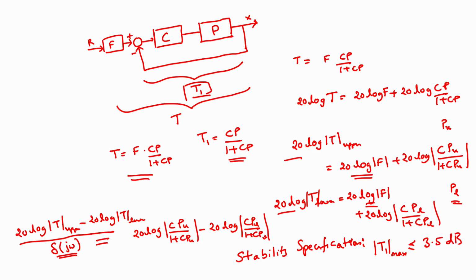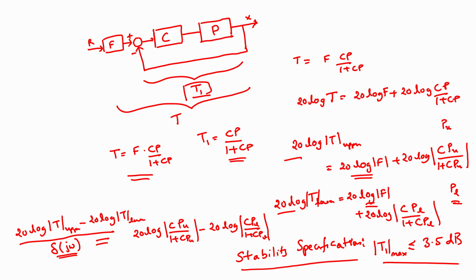So, this was a specification that was not provided to us at the outset. We were just told what the dominant dynamics of the overall control system was, but that does not reveal to us what the stability specifications for the transmission function T1 is, and hence we have added this extra specification to complete the problem statement. So, we want our transmission function T1 to assume values less than 3.5 dB in the interest of stability.